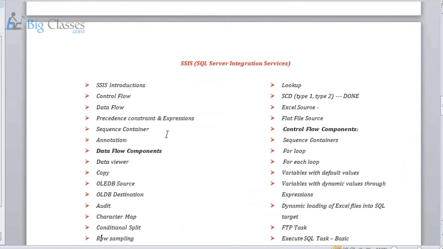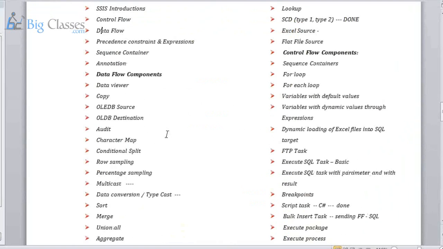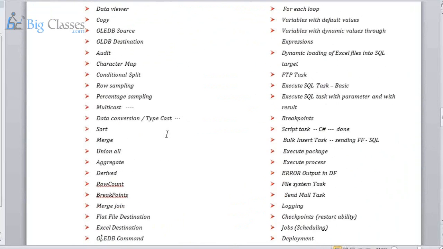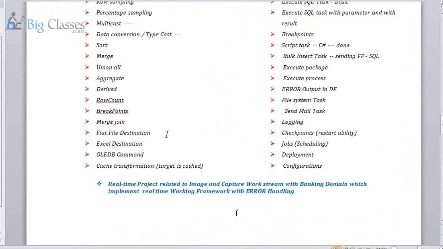And then this is SSIS. Here is the module. What are we going to cover from scratch? We'll understand and go one by one. And here is the real-time project, with the banking domain, and the error handling framework with it.